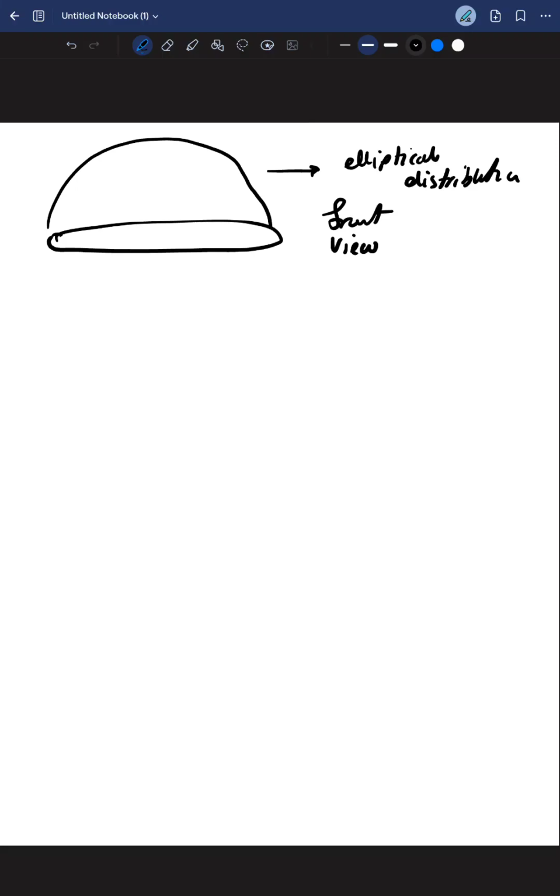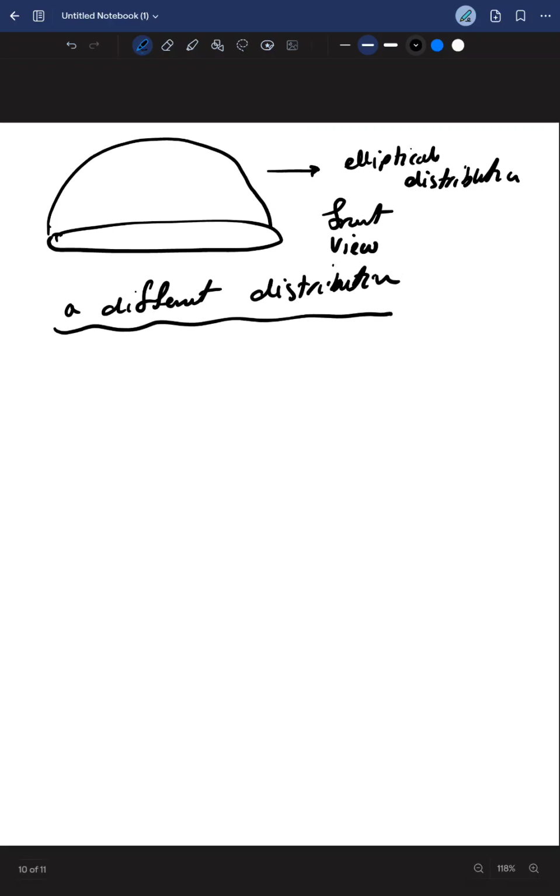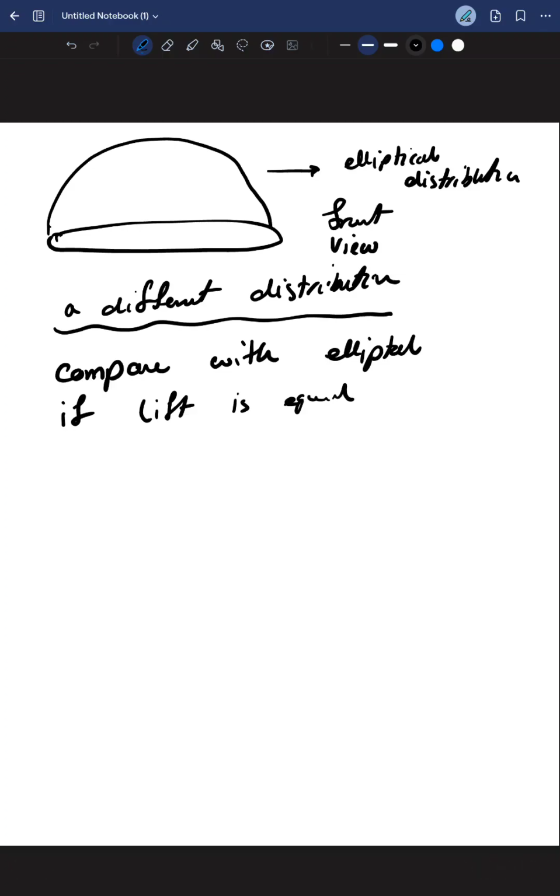You will be given a different distribution, and you will be told to compare the different distribution with elliptical distribution. Compare the final lift, if the lifts are equal.